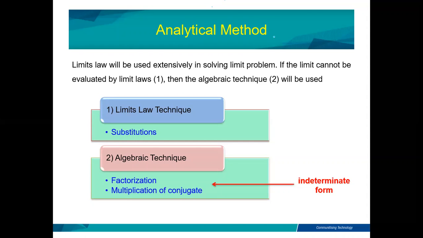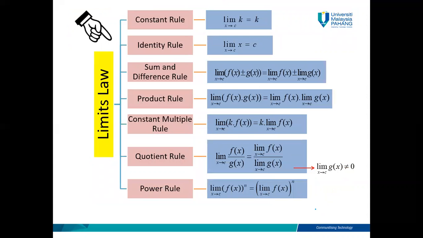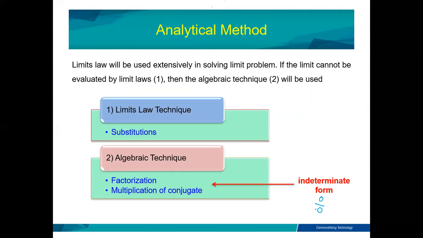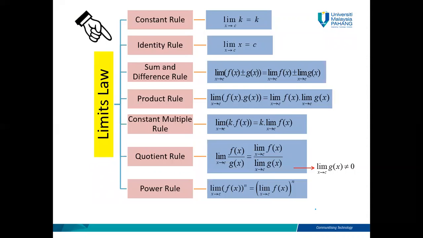What is an indeterminate form? Indeterminate form is when we get 0 over 0. So that is the indeterminate form. We will see the example for your understanding. But before that, let's see the first technique, which is the limit technique.